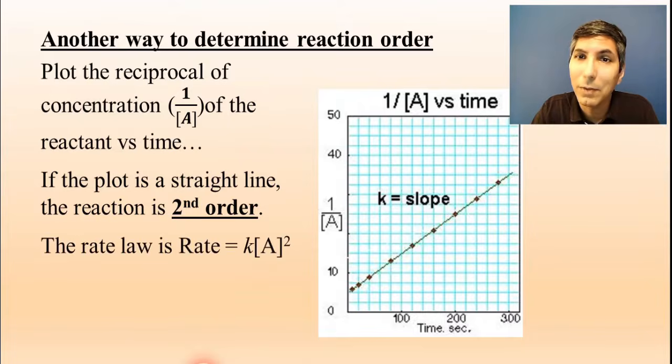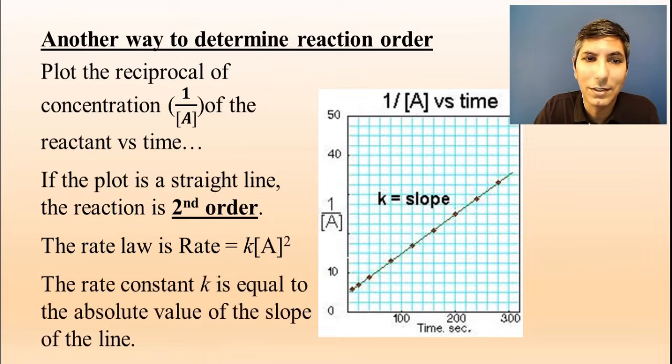Now, if that's the case, then the rate law is going to be rate equals K times A to the second power. You know, that 2 is there because it's second order. And the rate constant is determined the same way as it was in the other ones. It's just take the slope of the line, and since it's a positive slope, the rate constant is just equal to the slope of the line.